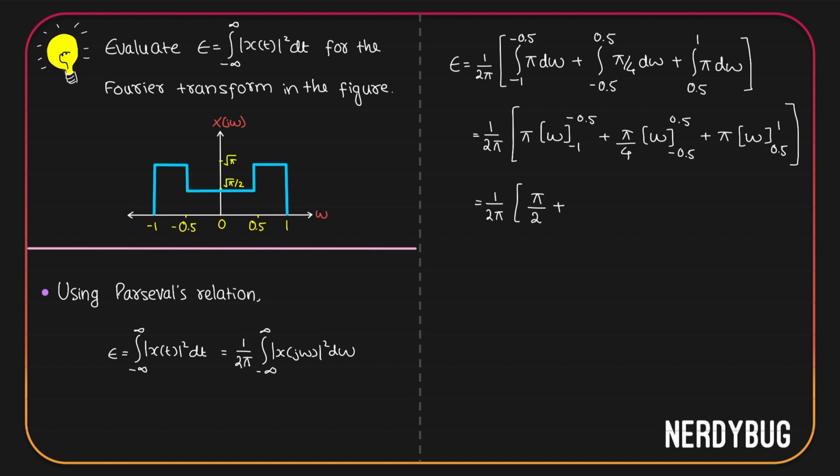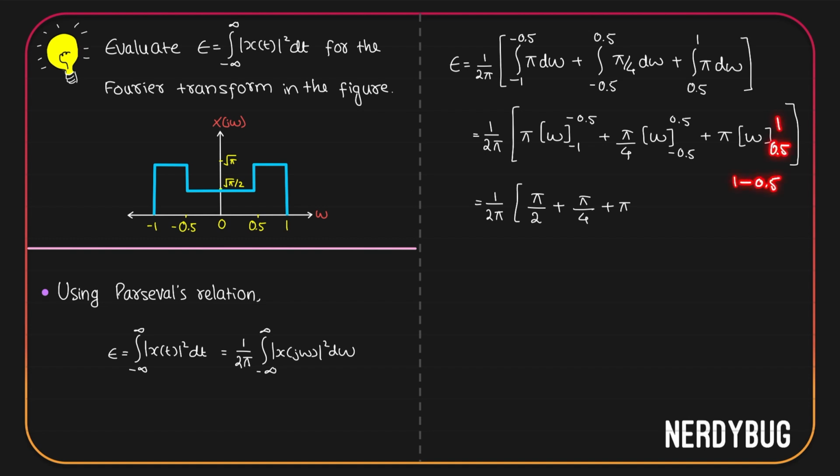So we get pi by 2 plus pi by 4 multiplied by upper limit 0.5, lower limit -0.5. So 0.5 minus -0.5 is just 1. So this is multiplied by 1, plus pi into upper limit 1, lower limit 0.5.